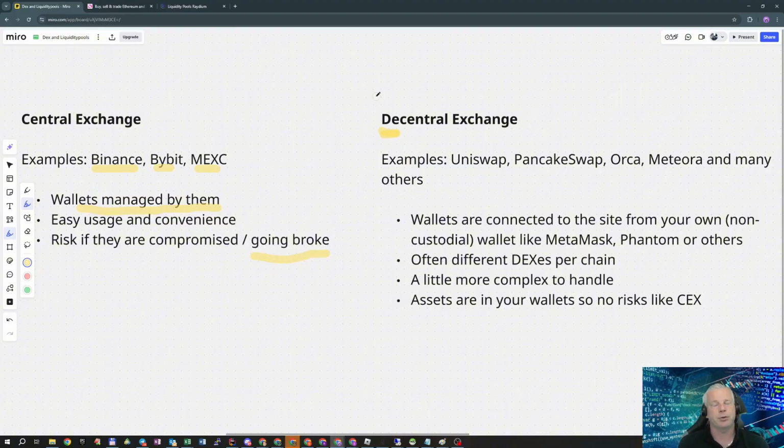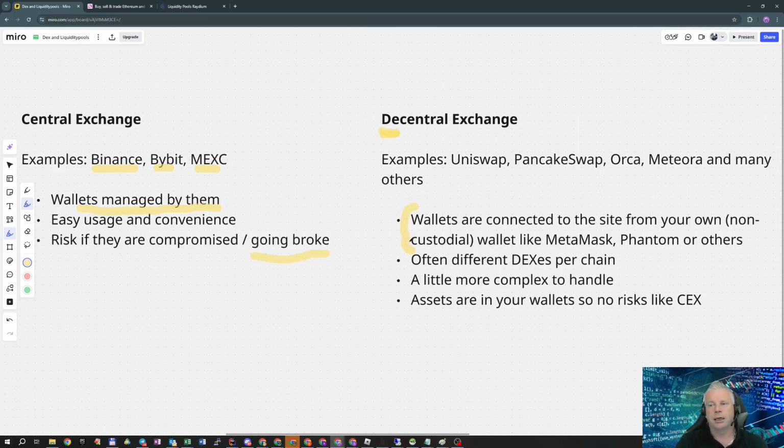We will soon check these, like Uniswap, and I will show you what the differences are. On the decentral exchange, your wallets are connected to the site instead of being managed by them. So you'll have a MetaMask or a Phantom extension in your Chrome browser and you're connecting to the site.